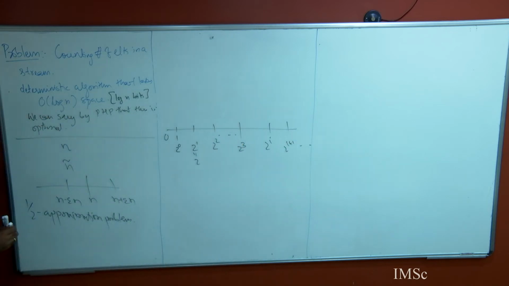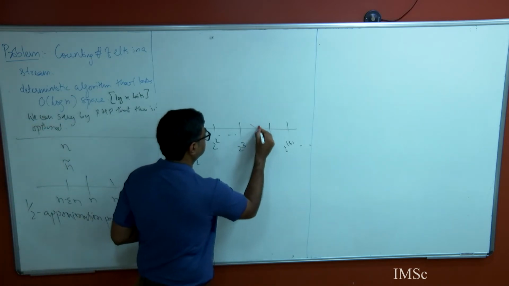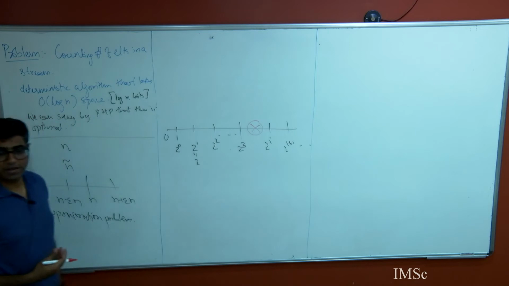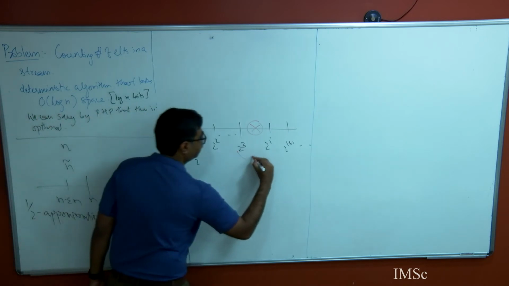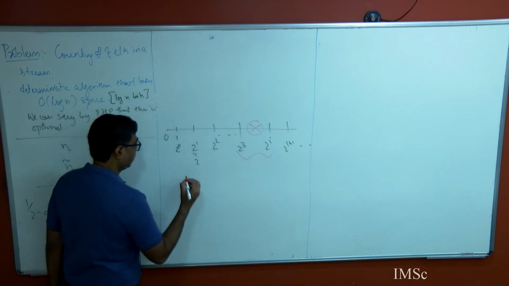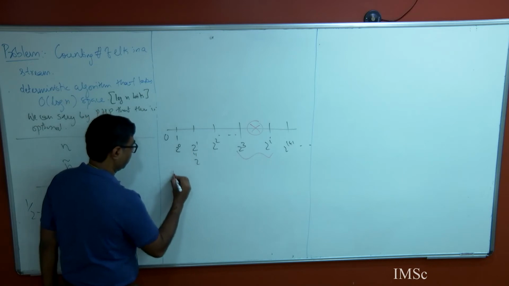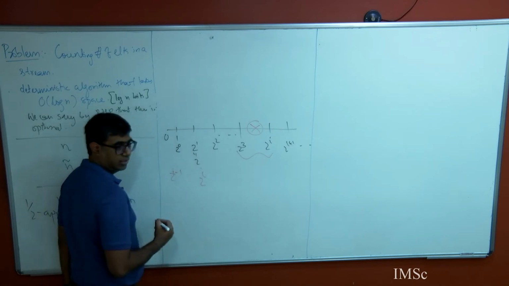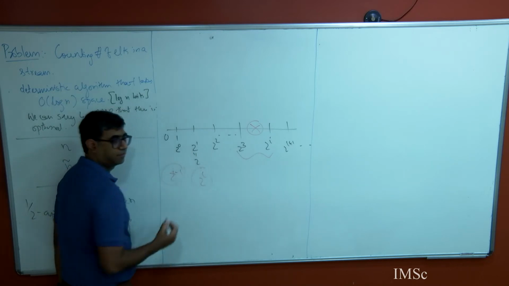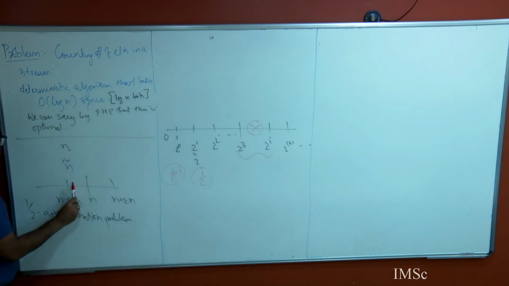If I could tell you that the number of items n is in this window, between 2 to the power i minus 1 and 2 to the power i, then whatever extreme I return is a factor 2 approximation. But we didn't know how to do this.